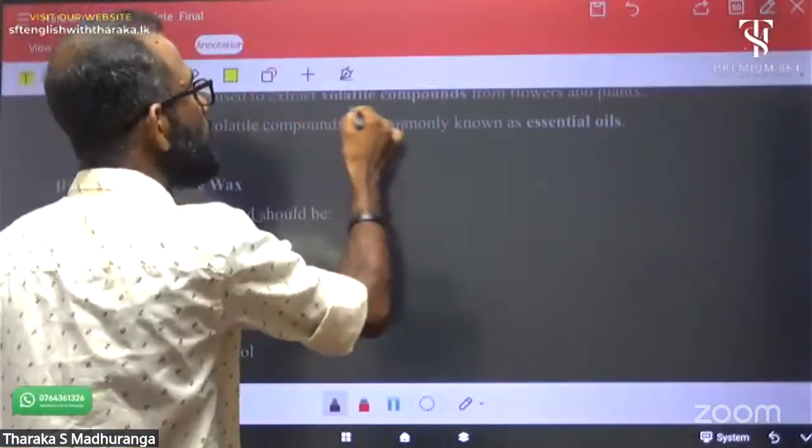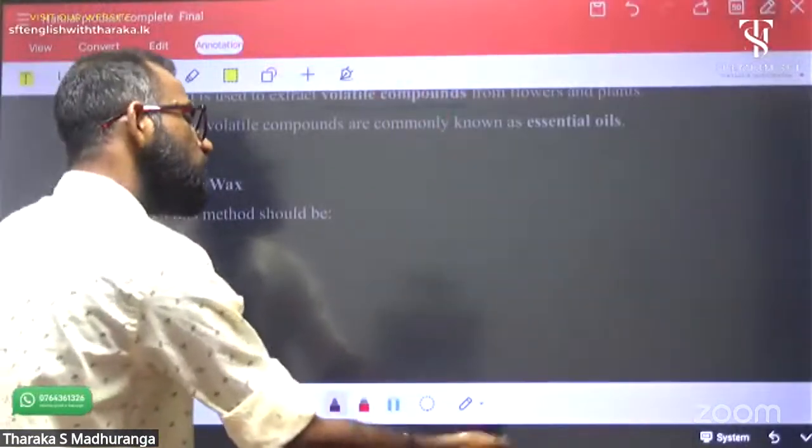Then can we heat and use solvent extraction for essential oil? We can for nicotine, alkaloid, and similar compounds, which we can add to the plant the same way. We can use solvent extraction. But can we use it for rose oil? That means ethanol extraction by solvent extraction? No. Why? When we heat, what happens? First, the essential oil evaporates, then we can't separate it.